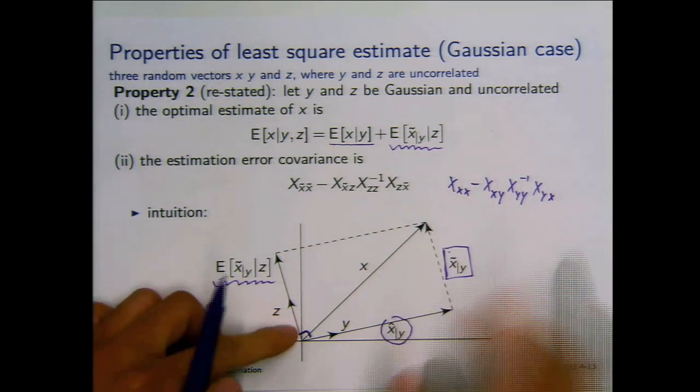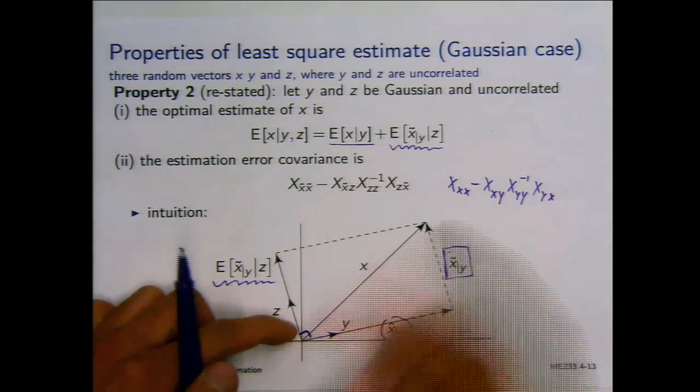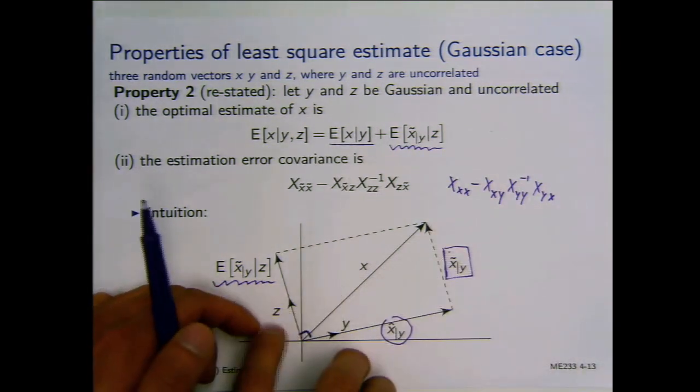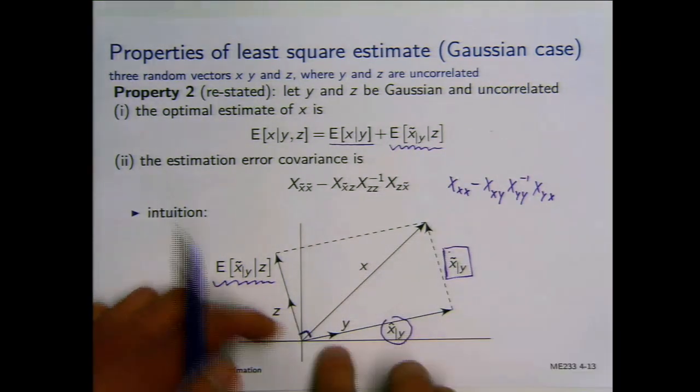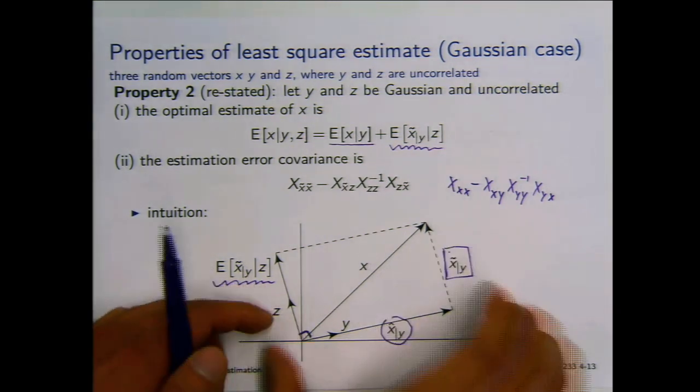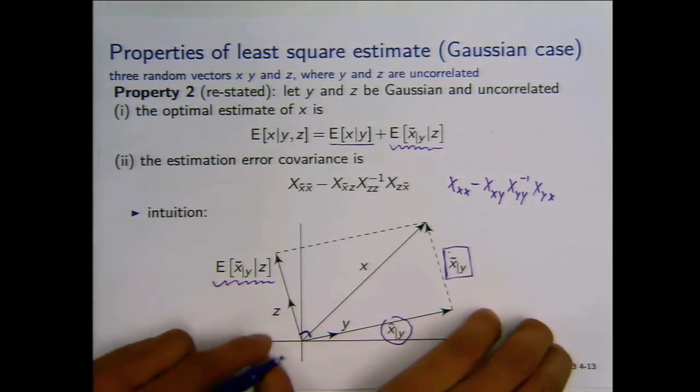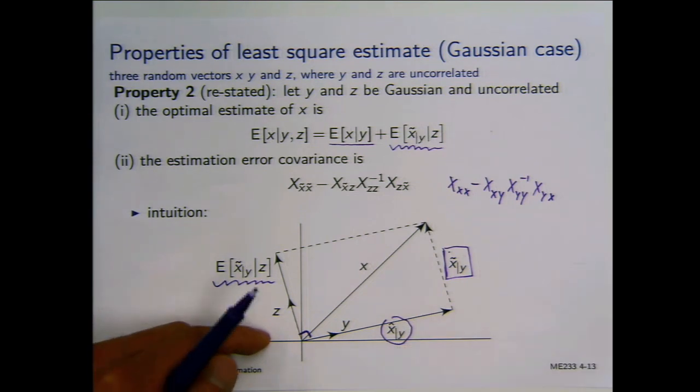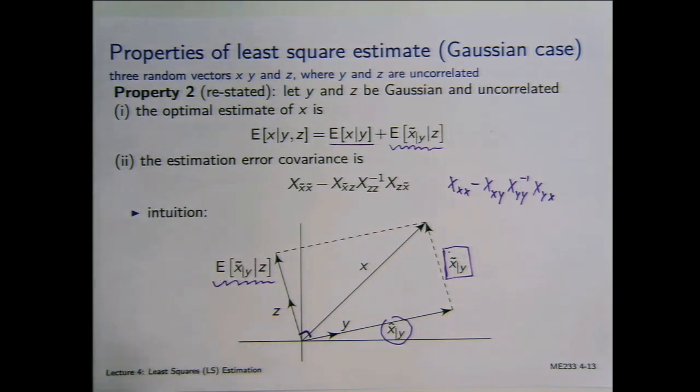If everything is deterministic, if everything is perfect vectors, then this holds obviously. The only thing is I regard this as an intuition picture. It's not the exact picture because x and y are random vectors. If it's random, we cannot perfectly know the value. We can only best estimate it.